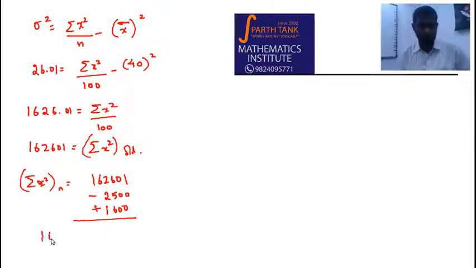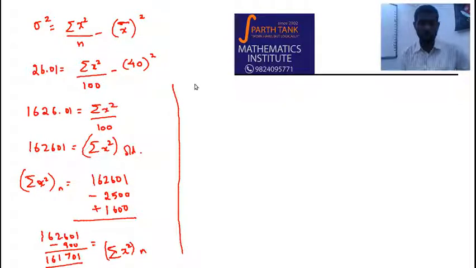So it is 162601 minus 900, which is 107,116. So the correct sum of x squareds is this. Let us calculate the correct variance.